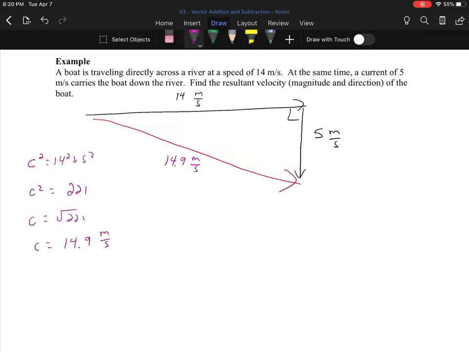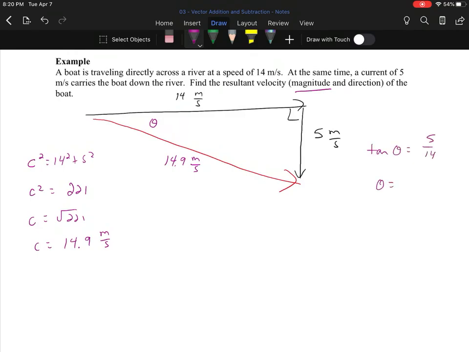And I get 14.9 to 1 decimal place. 14.9 meters per second. So the result is that this boat is going to be going 14.9 meters per second. It's sped up a little bit because of the current pulling it downstream like that. Not all that much because the current wasn't adding right on to the end. It was just pulling it off course.